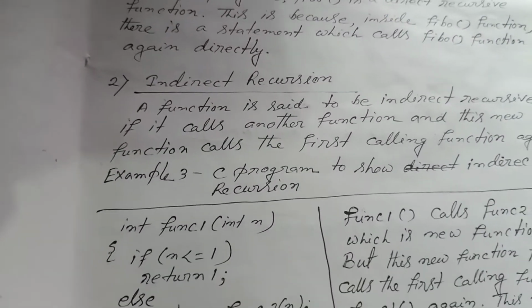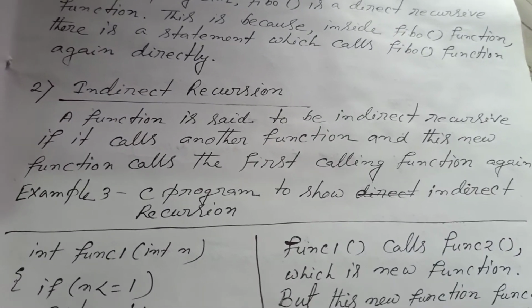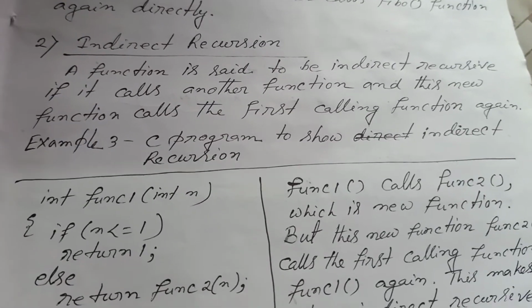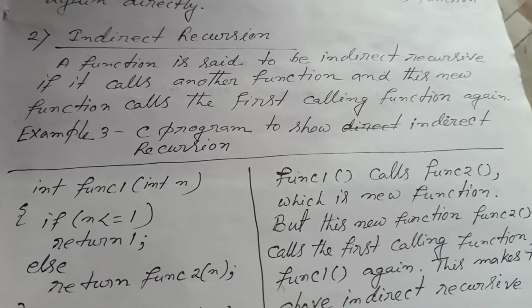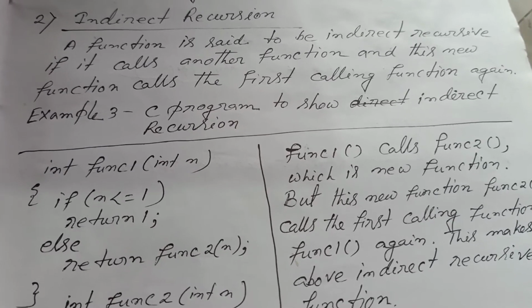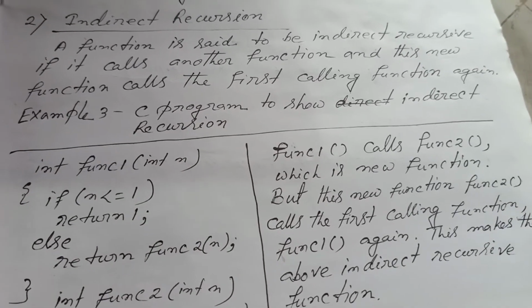So the second type is indirect recursion. A function is said to be indirect recursive if it calls another function and this new function calls the first calling function again.